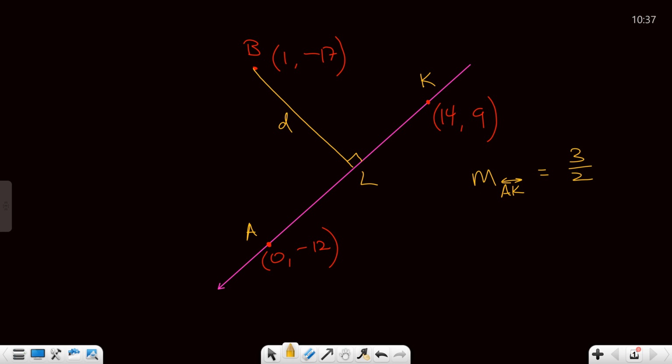Don't you just use point slope form? Write the... Of what? Of B with the slope. B's a point. How do you do a point slope form of a point? Line BL. Interesting. Okay.